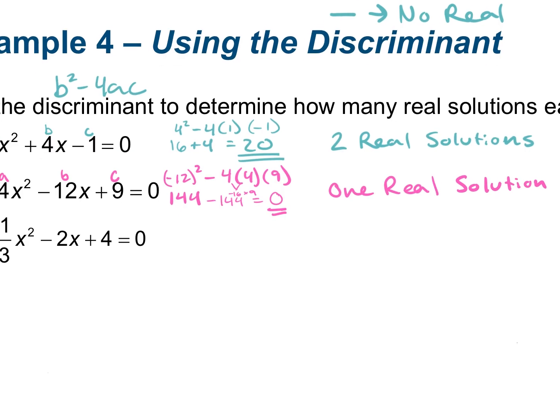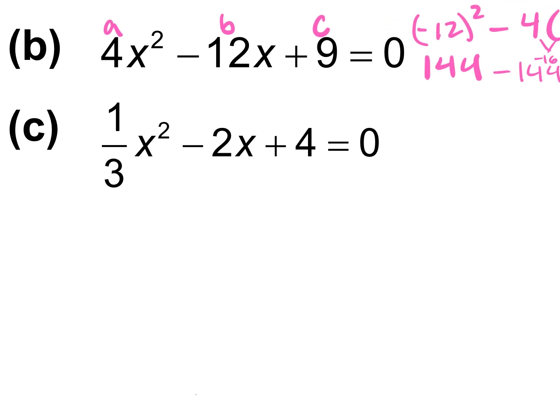Lastly, let's do C. So what's our A? What's our B? And C? 4. Perfect. So we have B squared minus 4AC. So negative 2 squared minus 4 times A times C. So times 1/3 times 4.